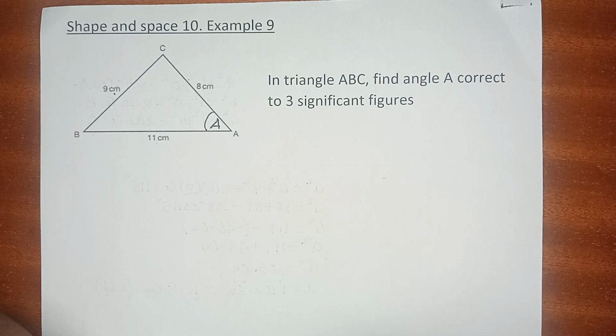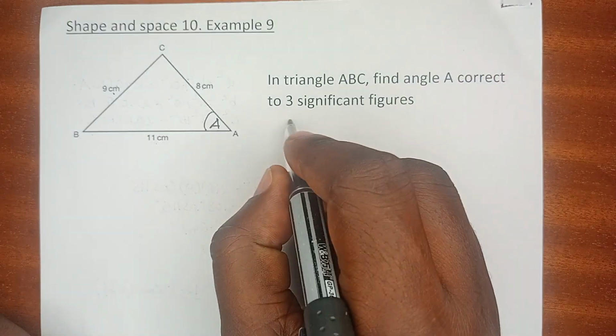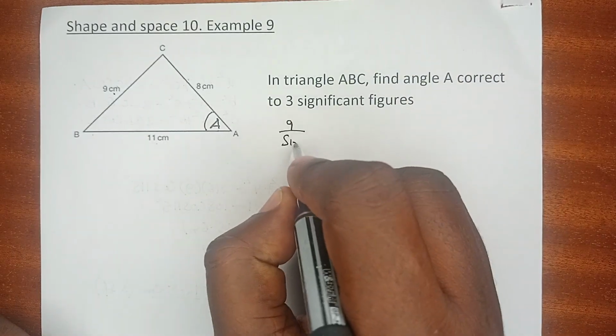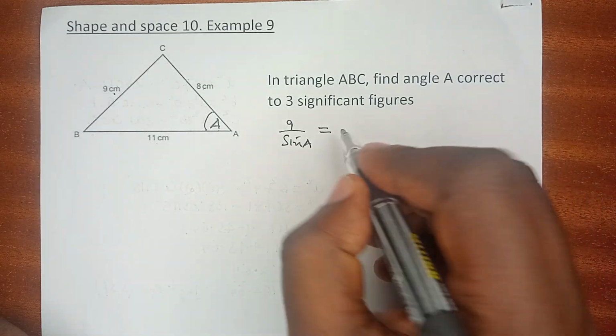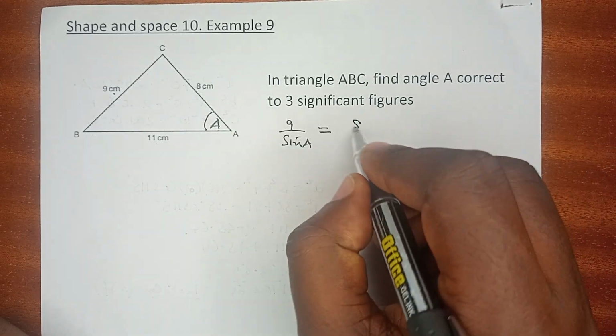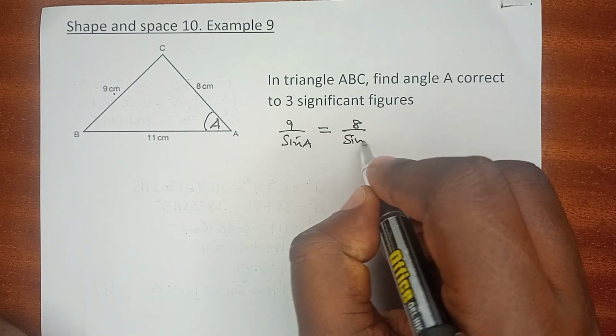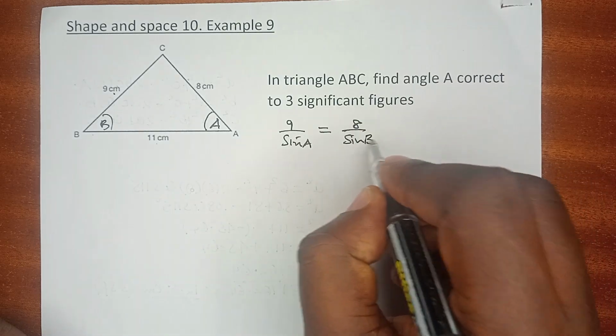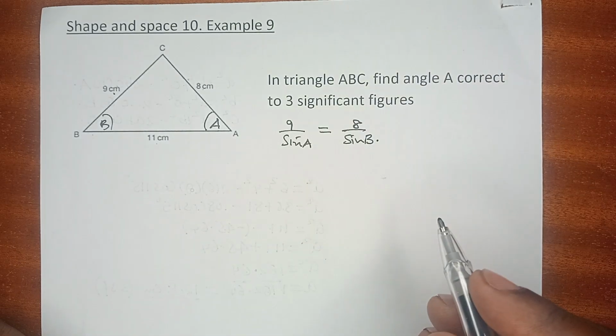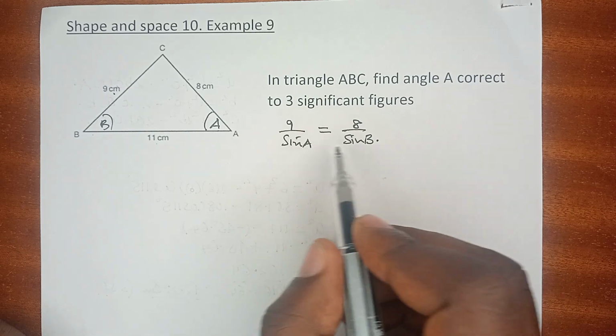Even if we try, 9 over the sine of A equals 8 over the sine of angle B, and here you realize that we have two unknowns.